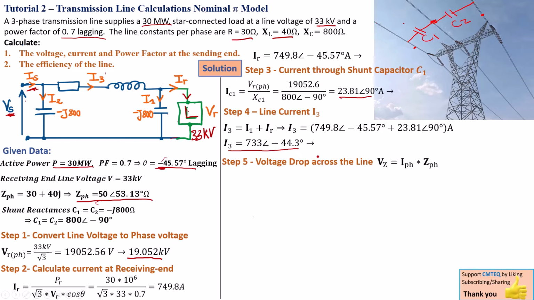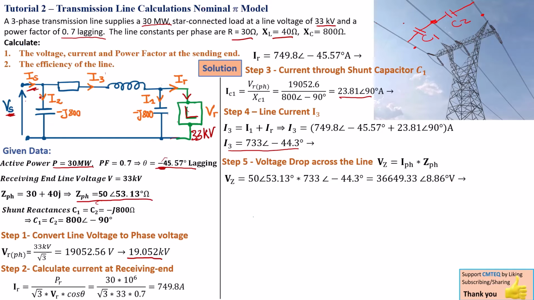So Vz is I phase times Z phase. That means it's 50 with an angle of 53 times 733 with an angle of negative 44.3, which gives us a huge voltage drop of about 36.6 kilovolt with an angle of 85.86. Now we know what this voltage is.